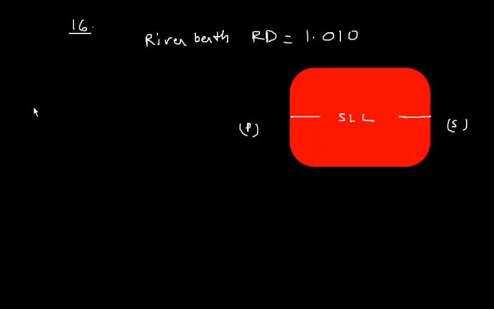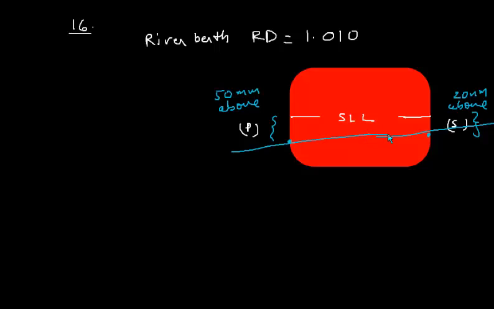So let's say this is the water line, so this is 20 mm above. Here the summer load line is 20 mm above the water line on the starboard side, and 50 mm above here. So this is 50 mm above the water line. So we can write that this is the water line, which is a bit inclined.